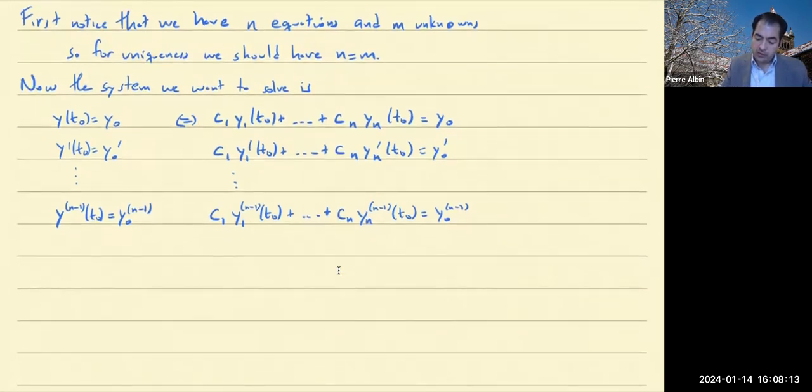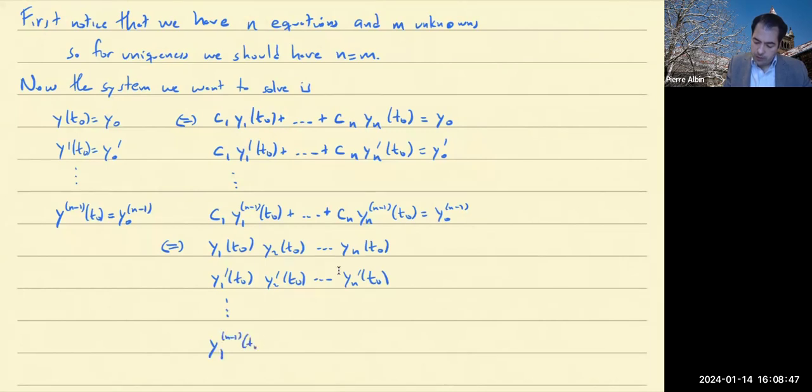And then if you write that system in terms of a matrix, this says that you have the coefficient matrix with rows y1 of t naught, y2 of t naught, dot dot dot, yn of t naught; y1 prime of t naught, y2 prime of t naught, dot dot dot, yn prime of t naught; and so on down to y1 n minus 1 of t naught, y2 n minus 1 of t naught, dot dot dot, yn n minus 1 of t naught.